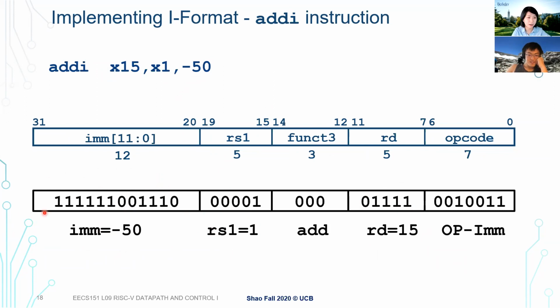It's a negative value, so the sign bits are all 1 here. So this is basically the instruction format and how we translate an assembly instruction to this bit vector. Then you will see the pattern here where we talk about instructions, the general format, an example of an instruction in that format, and then how to design our data path to support that instruction.